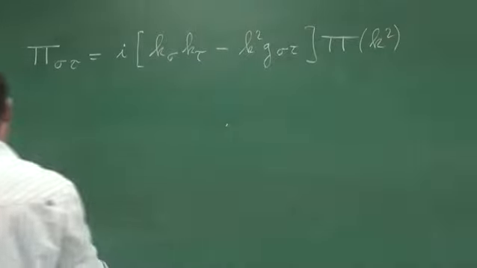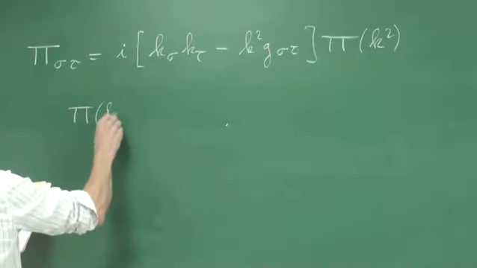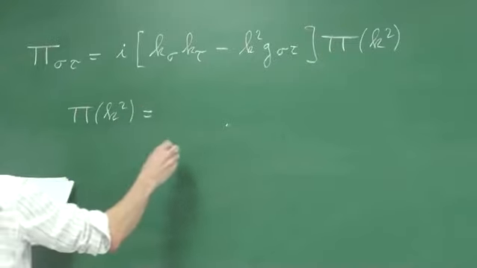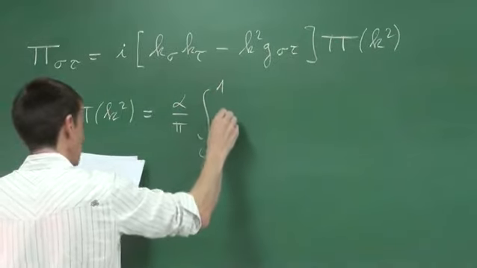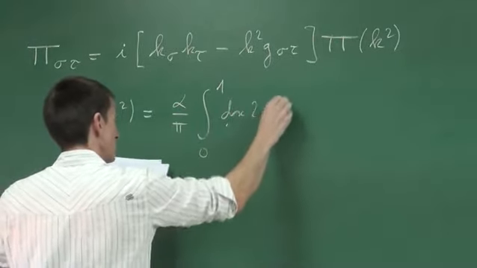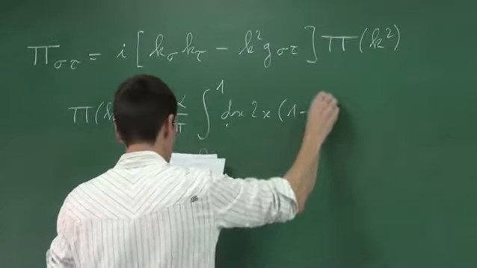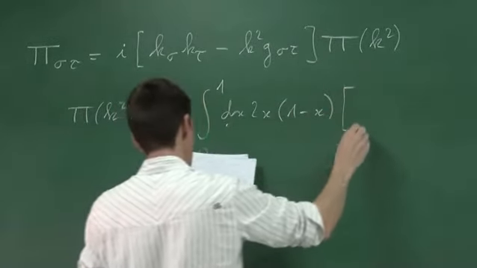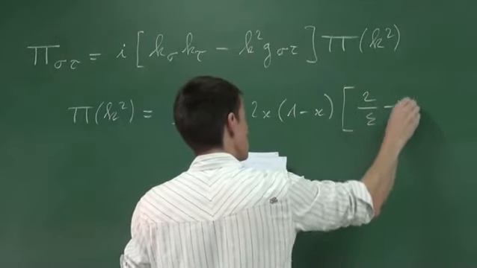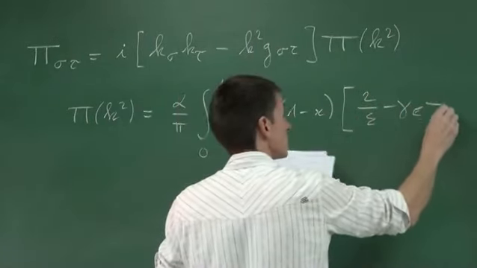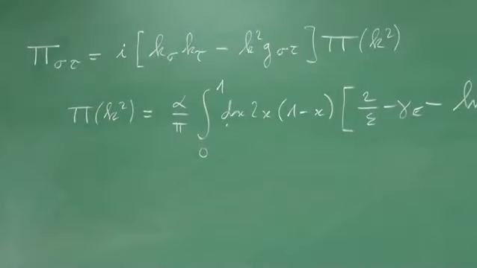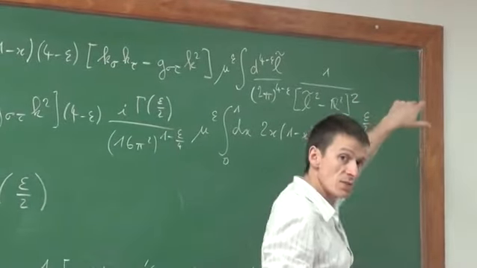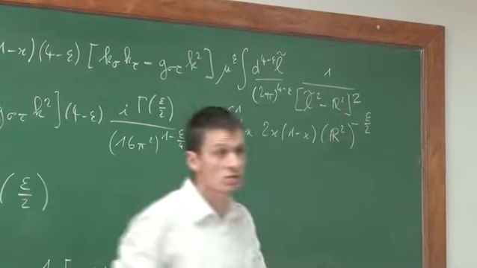which is written as alpha over pi, integral from 0 to 1 of x times 1 minus x, times 2 over epsilon minus gamma minus log, because when you expand this, okay, this is exponential of minus epsilon of 2 times log of r squared. So there is a log that comes.